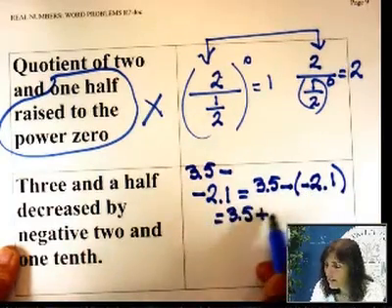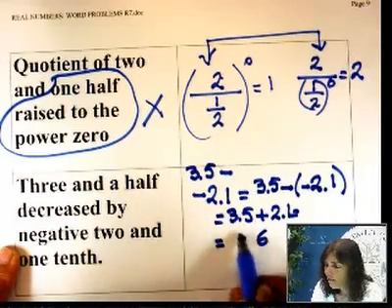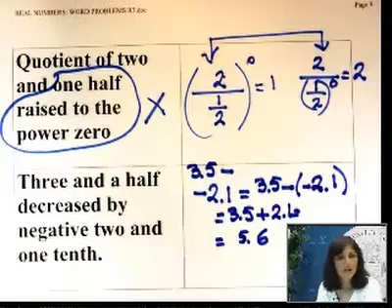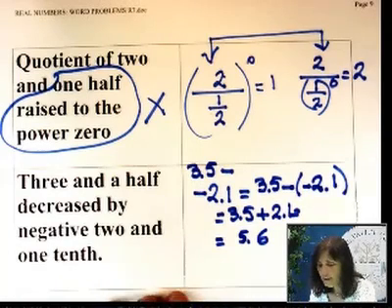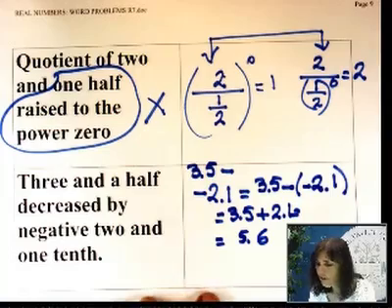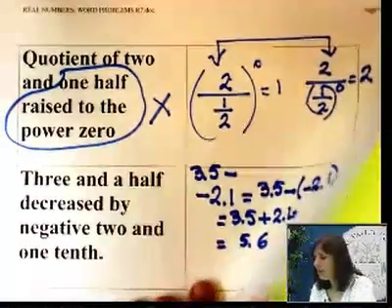Double negative is positive. So you're going to end up with 5.6. Does it make sense? 3.5 decreased by negative 2 and 1/10. All right. So these problems, you have to read them a little bit slowly.